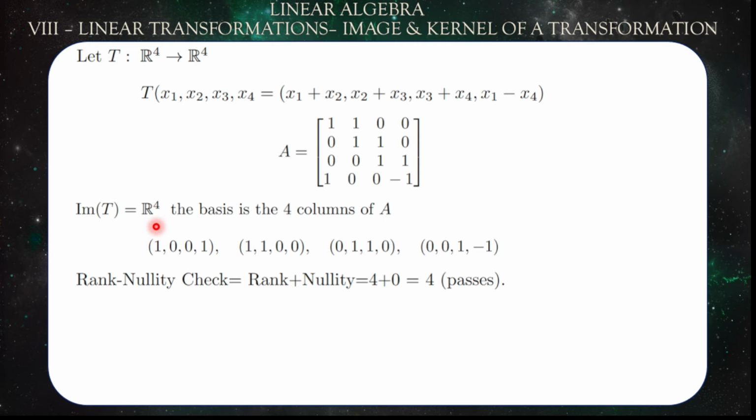The image of T, which is R4, the basis is the 4 columns again. So this is the basis: 1 0 0 1, 1 1 0 0, 0 1 1 0, 0 0 1 minus 1. By using the row reduction method, we have proven that these are 4 bases, 4 unique vectors, because we've gotten 4 pivots. Under each of them, you had 0.